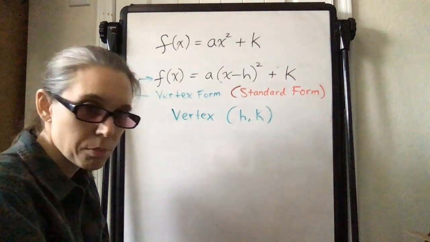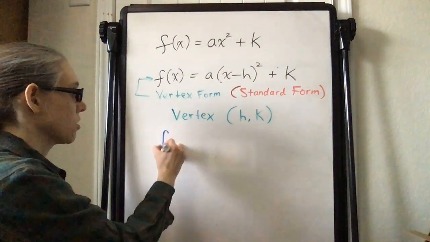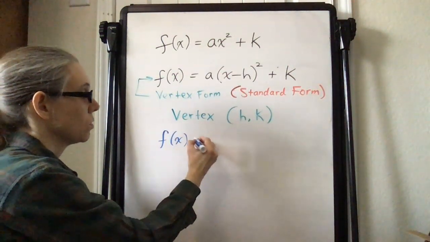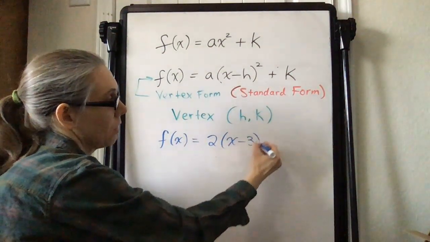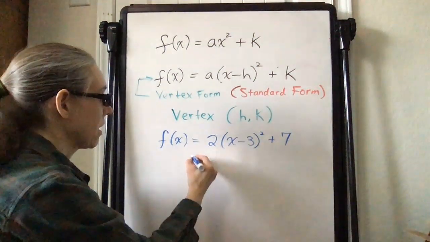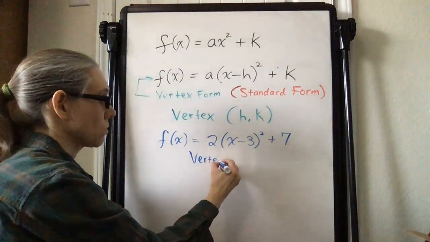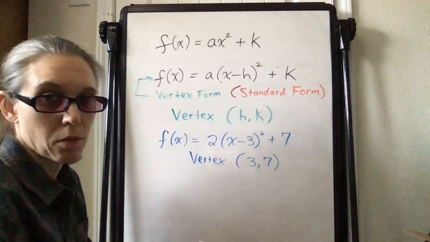Alright, so for example, if you had the function f of x equal to 2(x minus 3) squared plus 7, we would say that the vertex is at (3, 7). Okay?